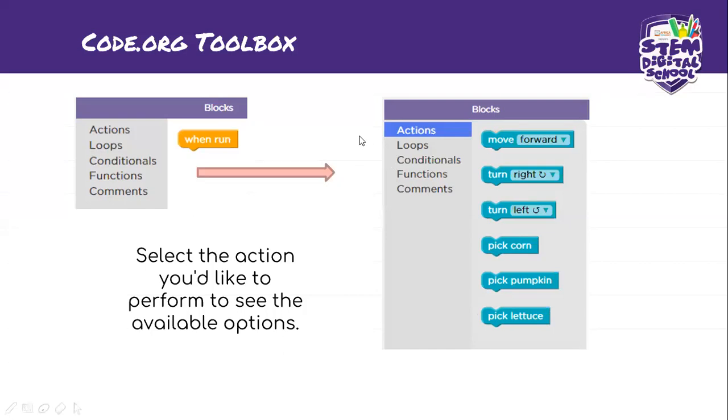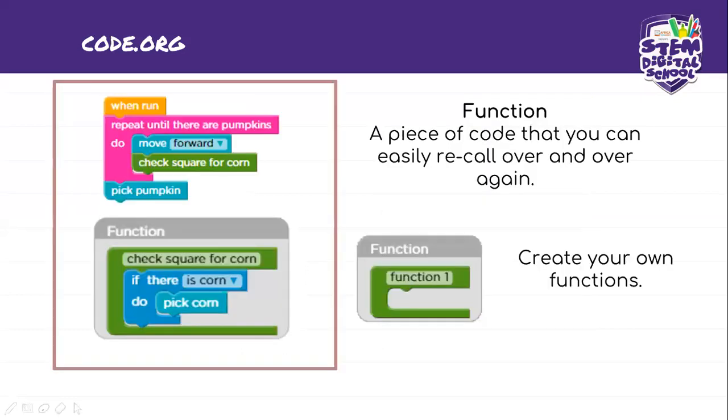It would depend on what we want to do, of course. And then we can also, if we look at this, there is the function in the code. So when run, repeat until there are pumpkins. Do, and what are we going to do? Move forward and check square for corn. So there is a function already, and then those are the green blocks.